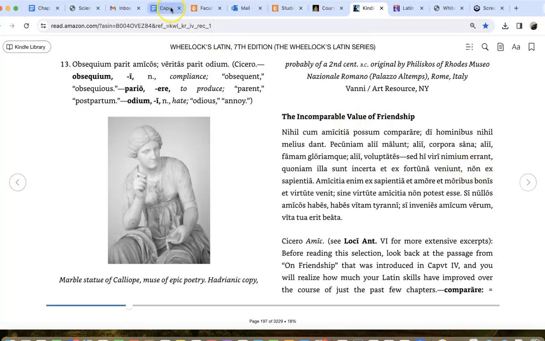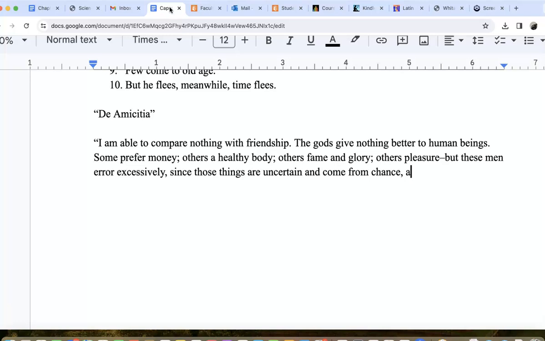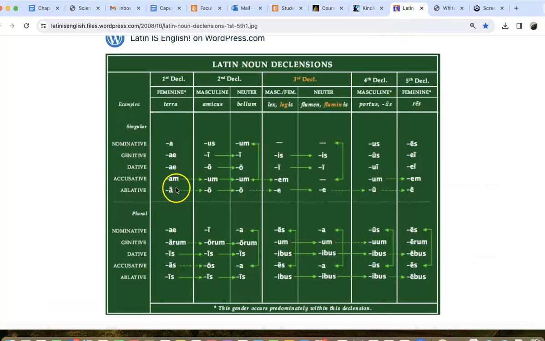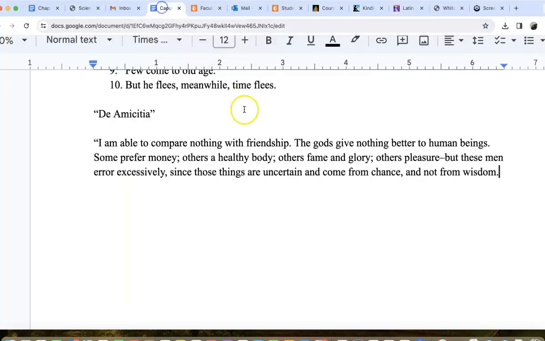And not from wisdom. So sapientia, Homo sapiens, is wisdom. Notice that ex is always followed by the ablative. So first declension ablative singular is the letter A with the macron. So sapientia tells us it is the ablative of separation. Or just ablative, it means from. Remember, ablative generally is from.